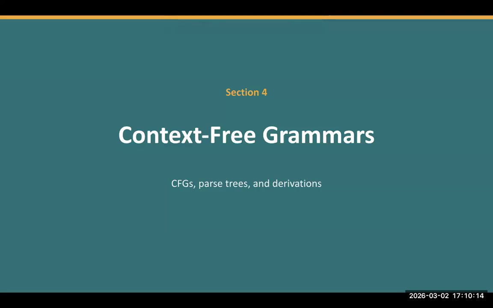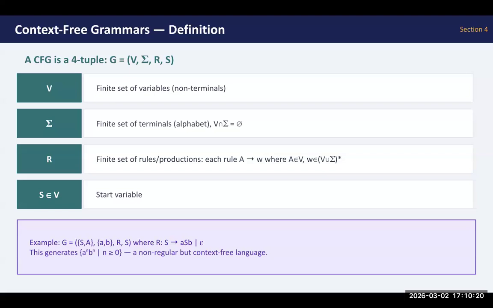Going over the fourth section, this is context-free grammars, where you have your CFGs, parse trees, and derivations. A CFG is a four-tuple where you have V as your finite set of variables, your finite set of terminals, your rules, where you have to define a rule, and then you have your start variable, normally chosen as S. And then below is an example given where you have your finite set of variables, such as S and A, your input alphabets, which are a and b, your rules, and your start variable.